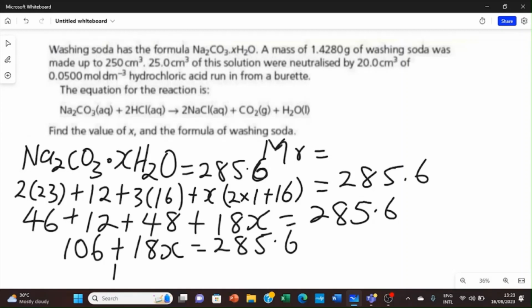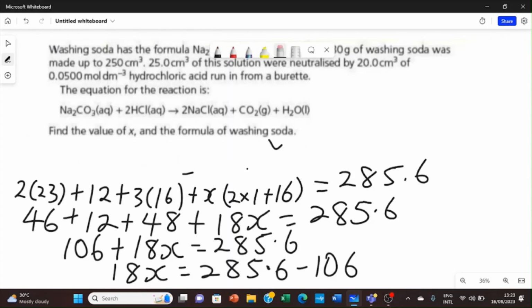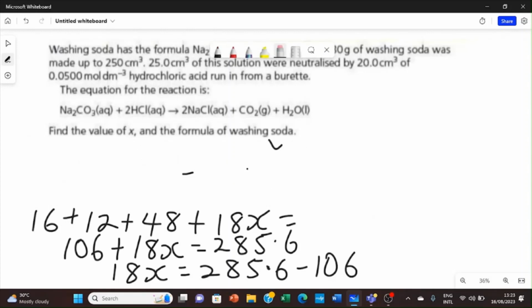So therefore 18x will be equal to 285.6 minus 106. So you have, I have to erase so that I'll have enough space to calculate.